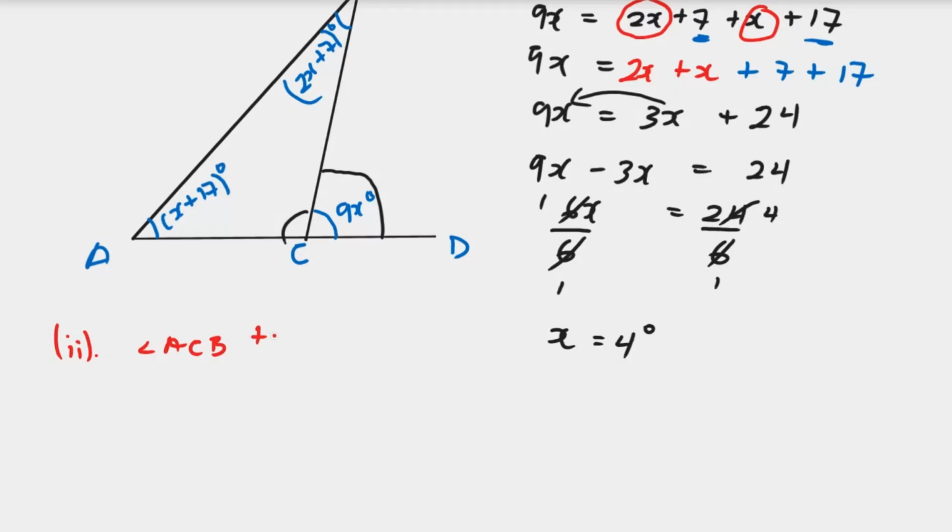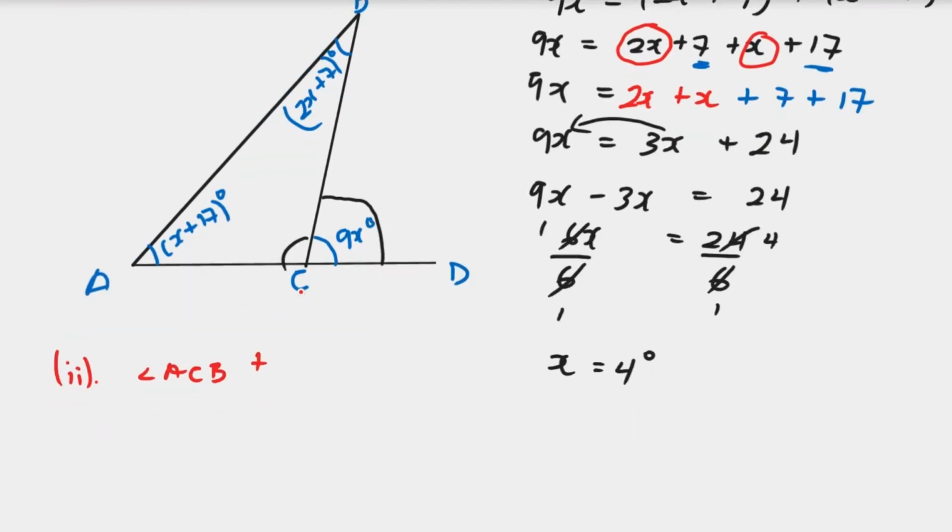So plus angle BCD, this angle BCD is equal to 180 degrees. The reason is that they are angles in a straight line.